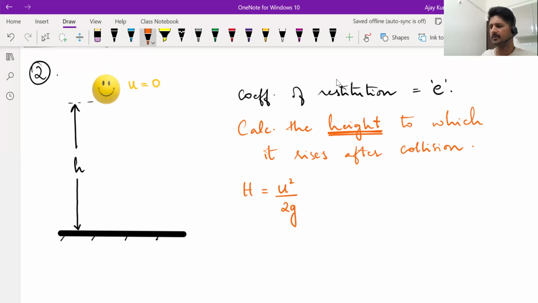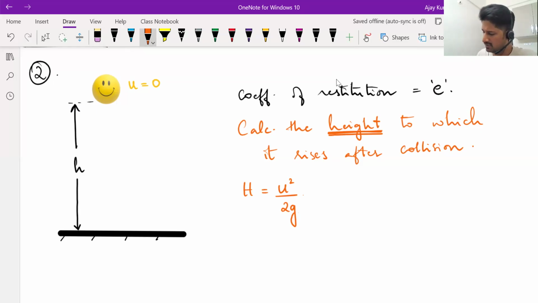Rishi, you said it depends on the force that is applied to project it in the upward direction. That's correct only, but when you apply force, the ball or whatever object you are projecting gains some velocity before leaving your hand. It's that velocity which determines how high it's going to rise, and this is the formula for H max for a vertically projected body. H is equal to u square by 2g.